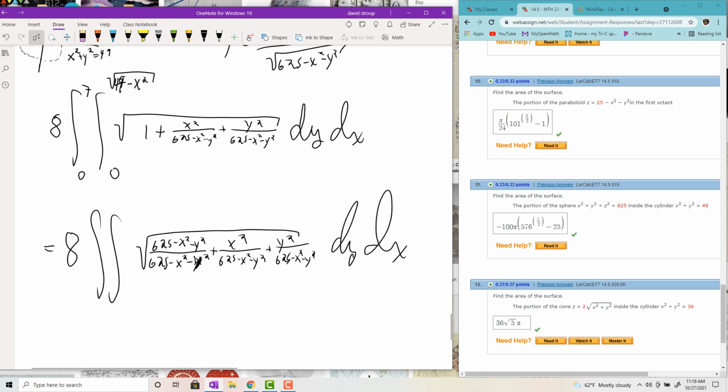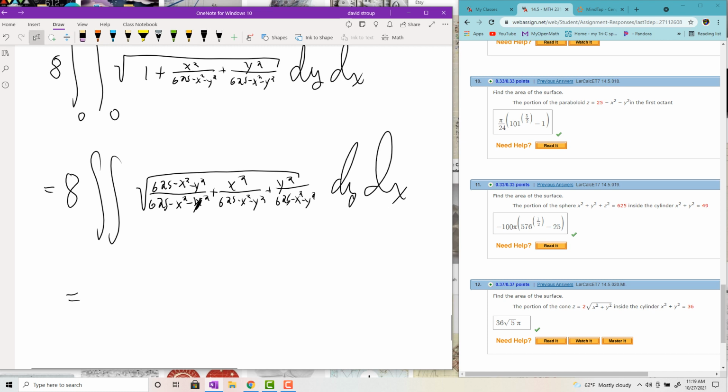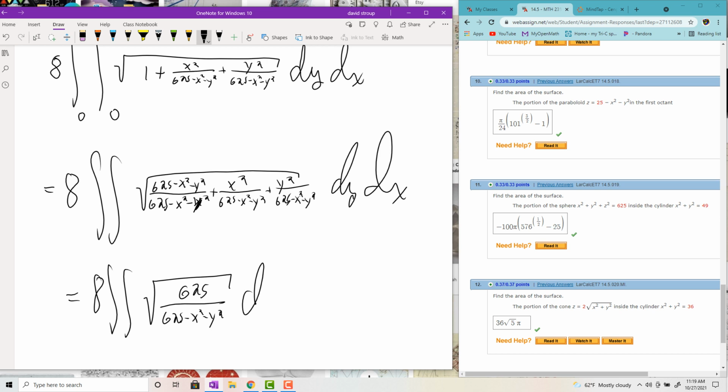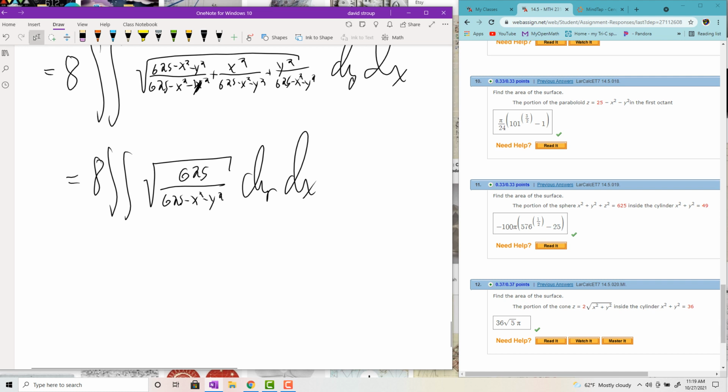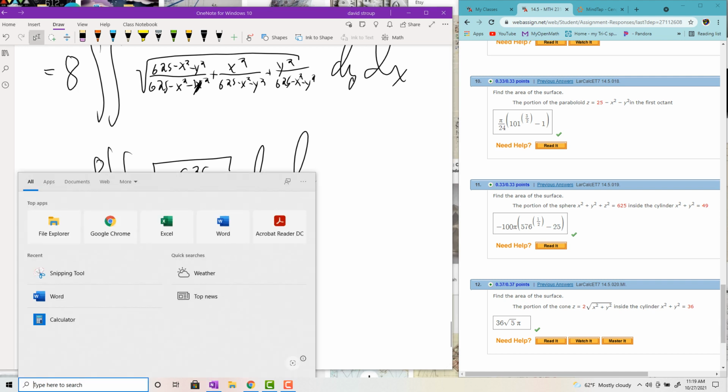And hopefully that will simplify at least a little. Sometimes the square root will completely go away, but here, what are you getting? You're getting the square root of just 625 over 625 minus x squared minus y squared, dy dx. Square root of 625, what the heck is that?